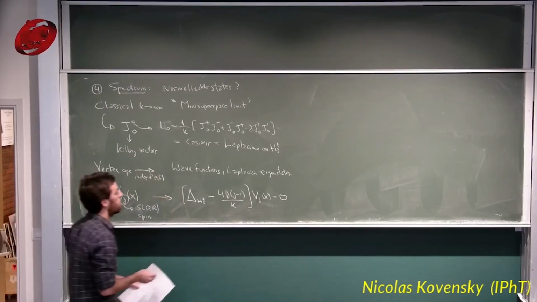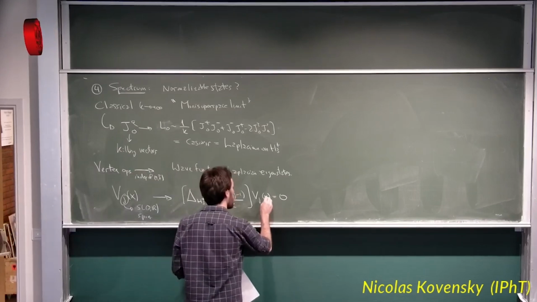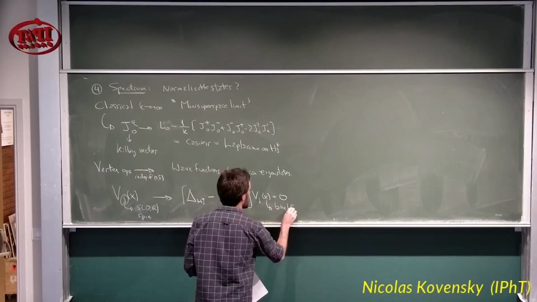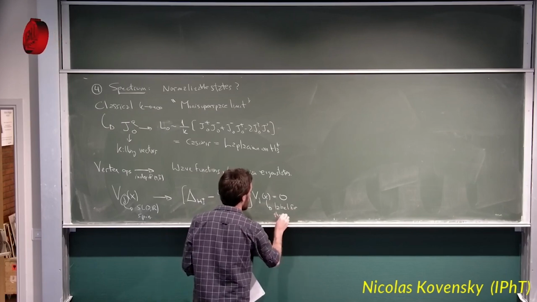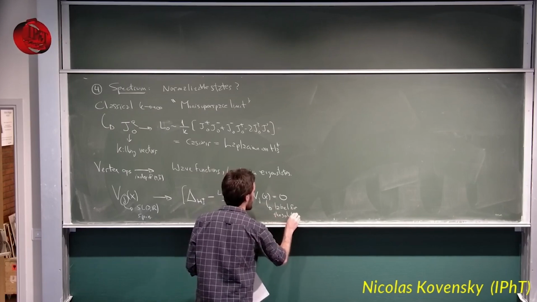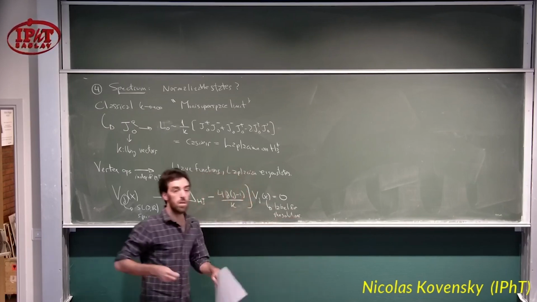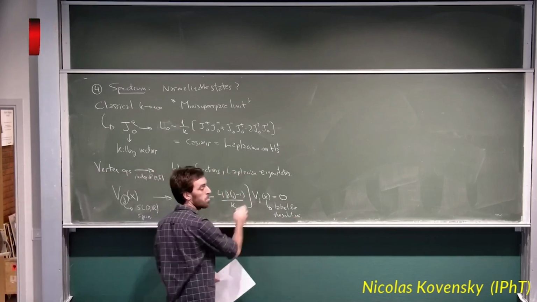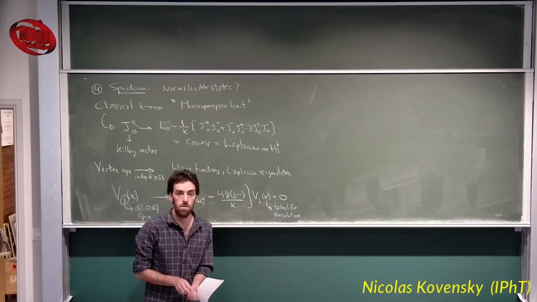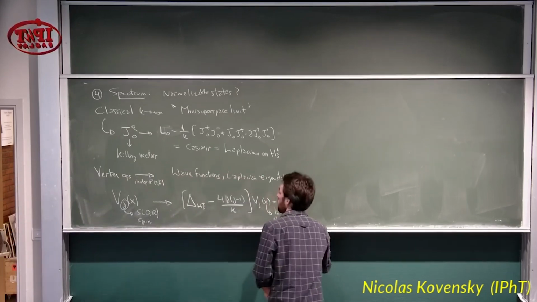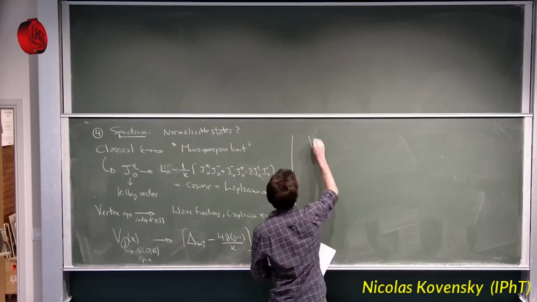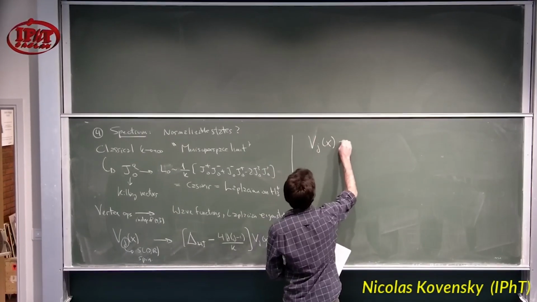And this x, for now, is just a label for the solution. So I'm taking a basis of solutions, which is a continuous one, parameterized by x and x bar. You just write down what the Laplacian is, and what you get is that the solutions look like this.